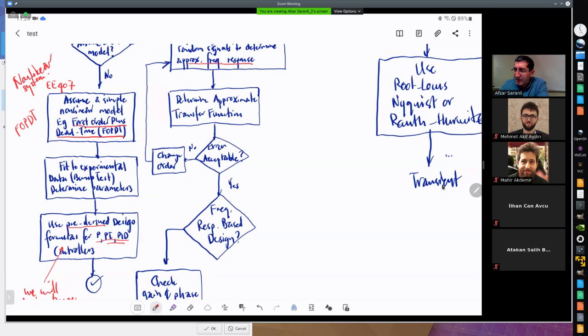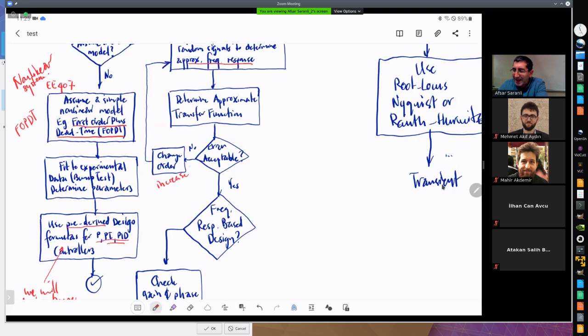Now, when you have the actual system and a model based on an approximate transfer function or an approximate frequency response, the next question is: is the error acceptable? If not, you can change the order of the linear system.